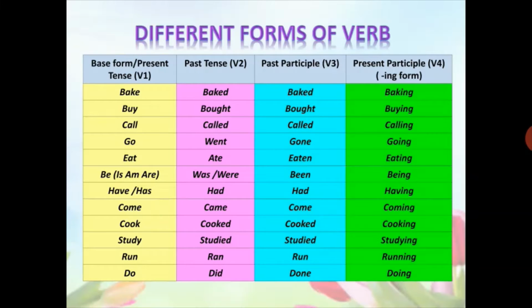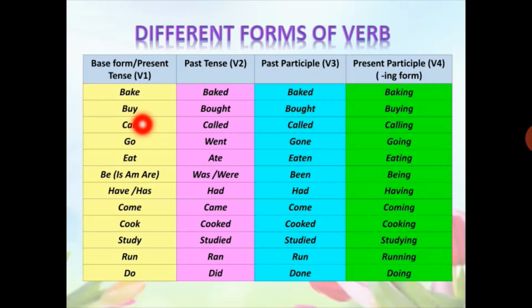Now let's see how the forms of verbs are changed according to time. Here in present tense, the base form of verb is bake. In past time it is changed to baked. Past participle baked, and the ing form of the base form is baking.